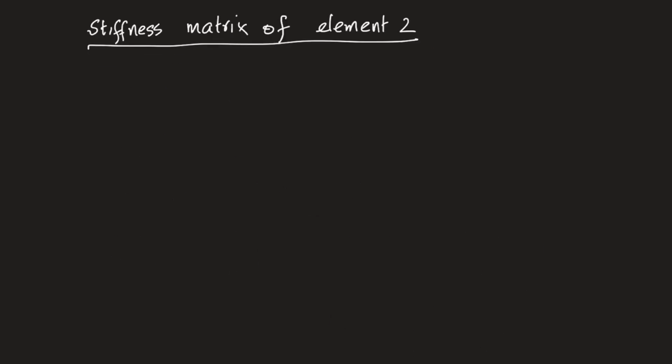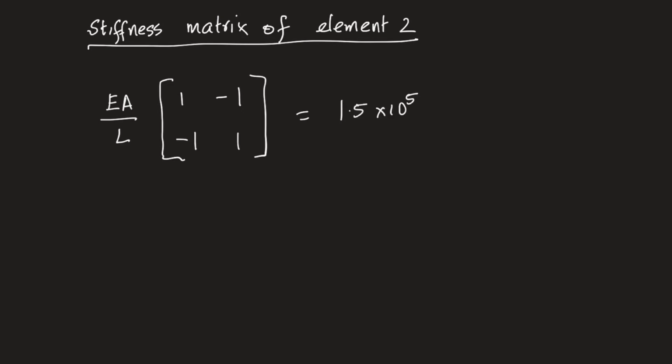Now the stiffness matrix of element 2, again that is EA by L into [1 -1; -1 1], where Young's modulus is 2 into 10 raised to 5, area is 300 millimeter square, and the length of the element is again 400 millimeters. So we get 1.5 into 10 raised to 5 into [1 -1; -1 1].